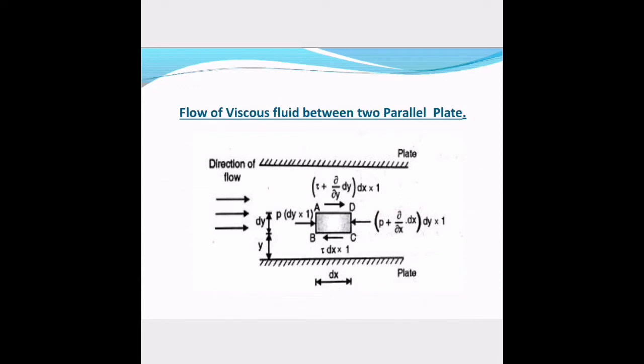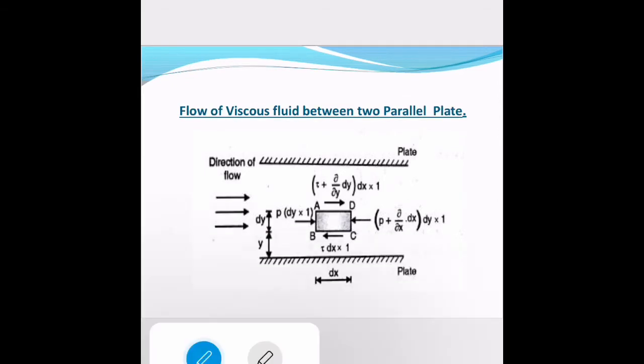Okay, so flow of viscous fluid between two parallel plates. As we know, viscous fluid flow is also known as laminar flow. Here in this diagram you can see two plates which are placed parallel, and these two plates are separated by some distance.